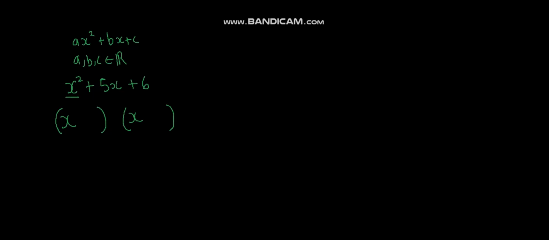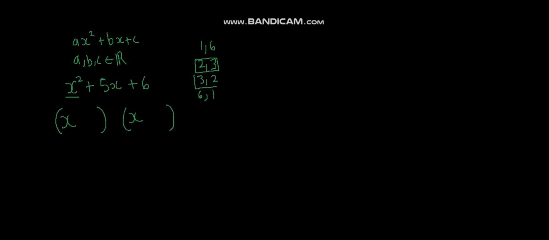We're looking at the constant and we ask ourselves, what multiplied by what would give us 6? So there's a few combinations. 1, 6, let's write it. 1, 6, 2, 3, 3, 2, 6, 1. We can pick this.